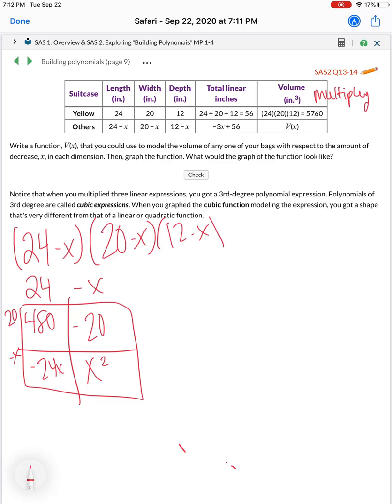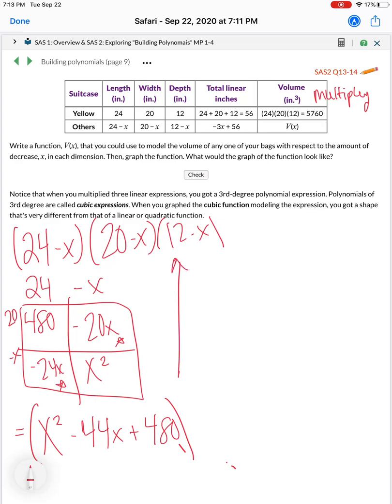Okay? Now, I'm going to combine, but I'm going to write my highest power first. X squared. Oops, I forgot an x right here. X squared. Then I'm combining this box and this box to a negative 44x plus 480.